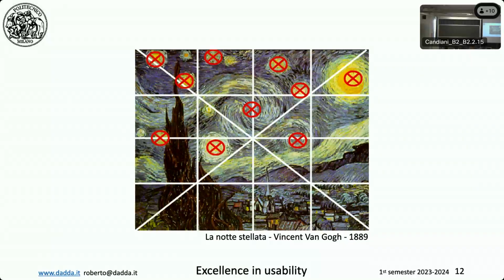Beautiful painting. If by chance you go to Amsterdam, there is a beautiful museum of Van Gogh there. They are all in non-equilibrium position. Why? Because the author, maybe unconsciously, wanted to give people the sensation of being somehow strange.